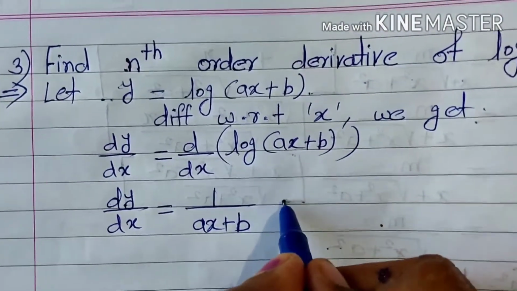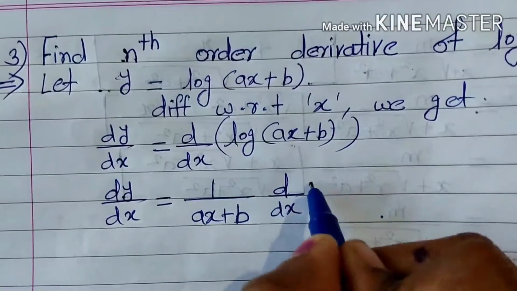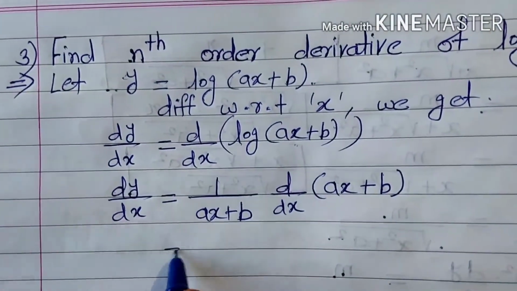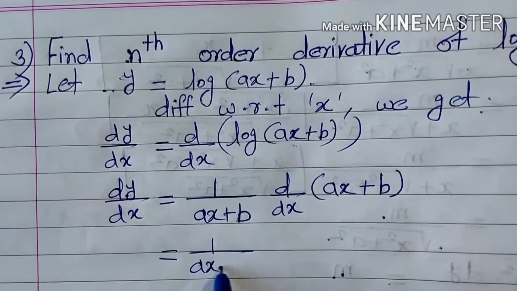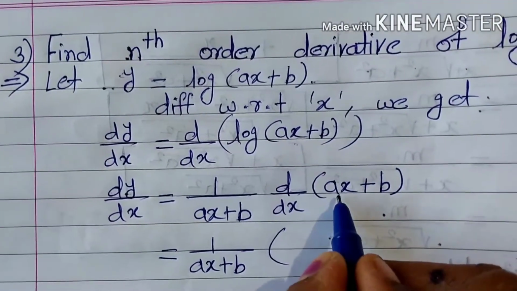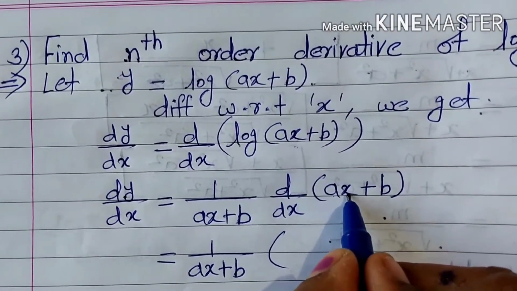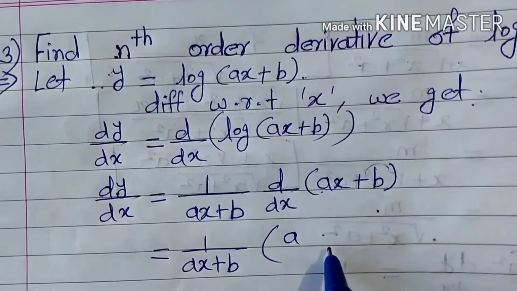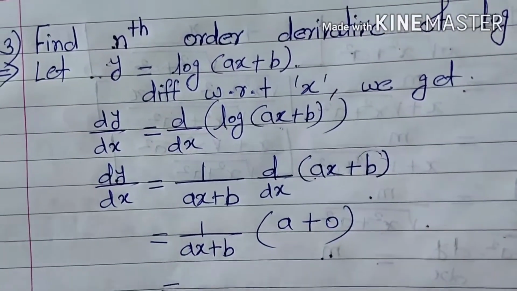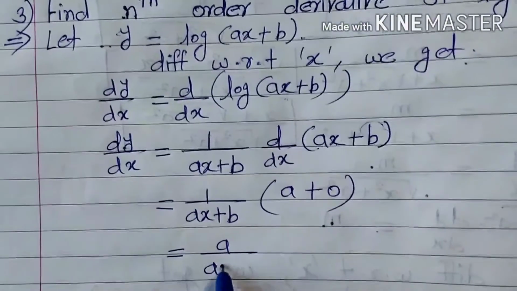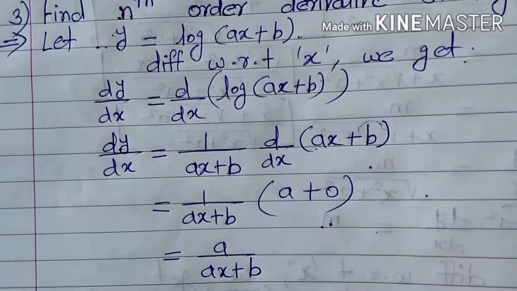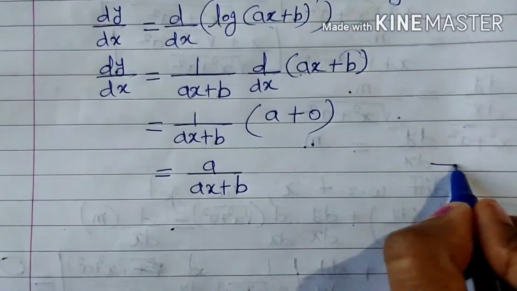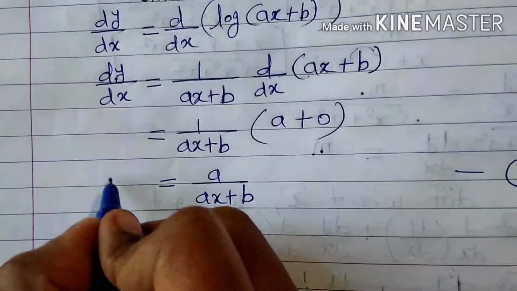But this is our function, so take the derivative of this. Now 1 upon ax plus b. Now the derivative of a into x means derivative of x is 1, a is constant, so write here a, and the derivative of this b is 0, so write here 0. So we get only a upon ax plus b. Now give it equation first.